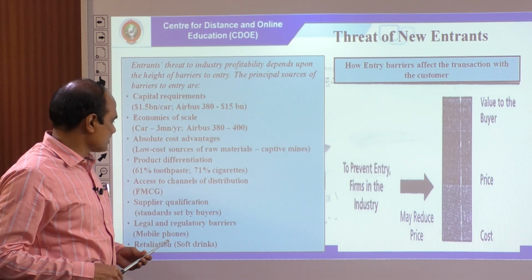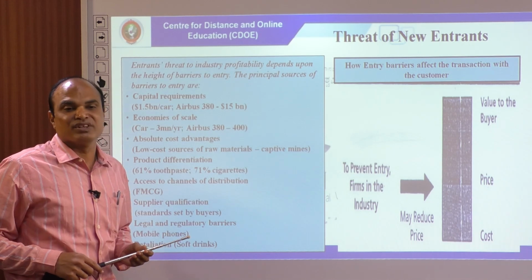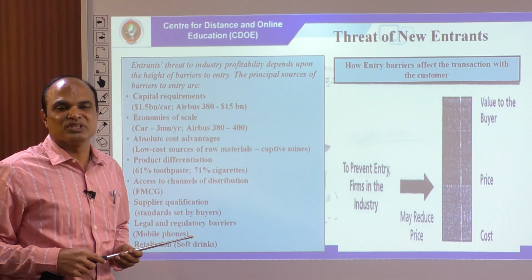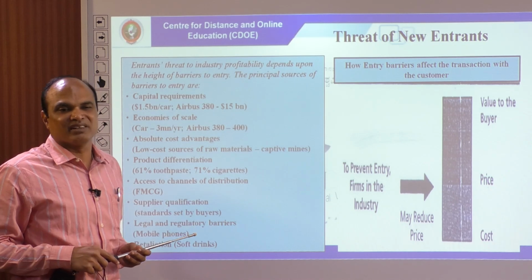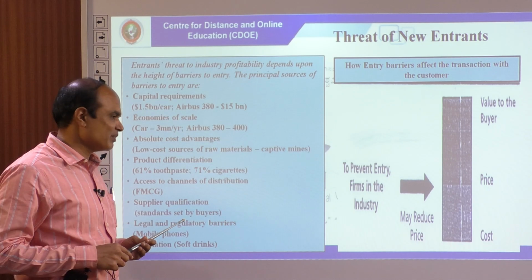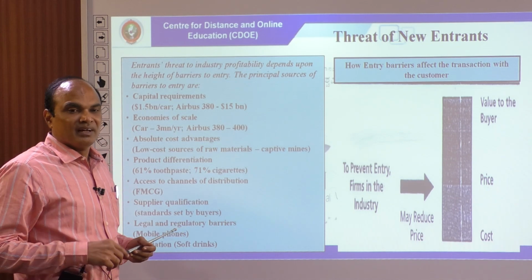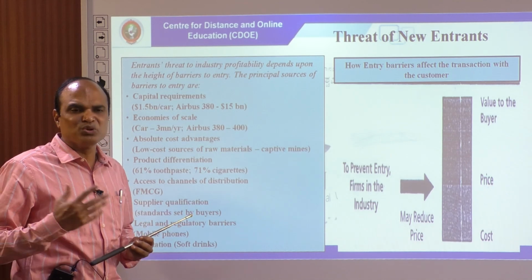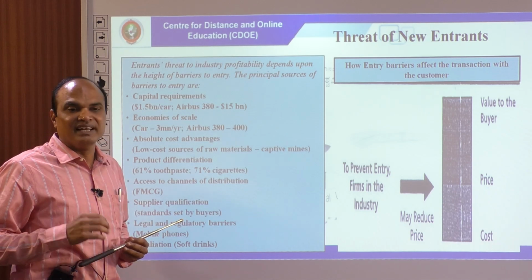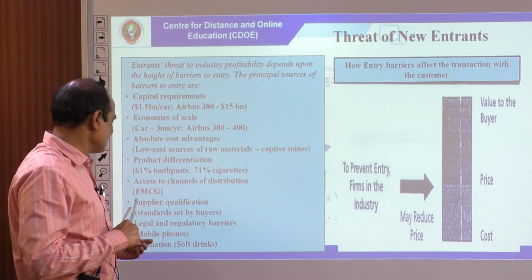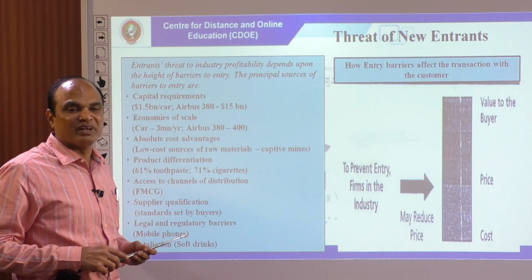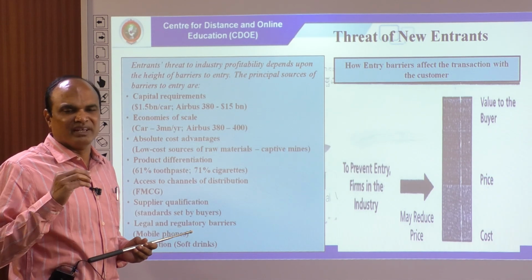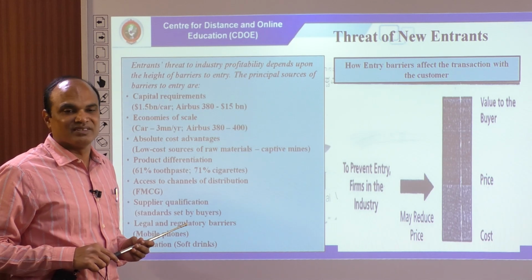Then the next point is access to channels of distribution. FMCG companies enjoy a huge distribution network right across the length and breadth of a market. Say for example, in India, Hindustan Unilever Limited, HUL, is one of India's leading FMCG companies, that is fast moving consumer goods companies, where they have an excellent distribution network right from the remote village to the metro cities.